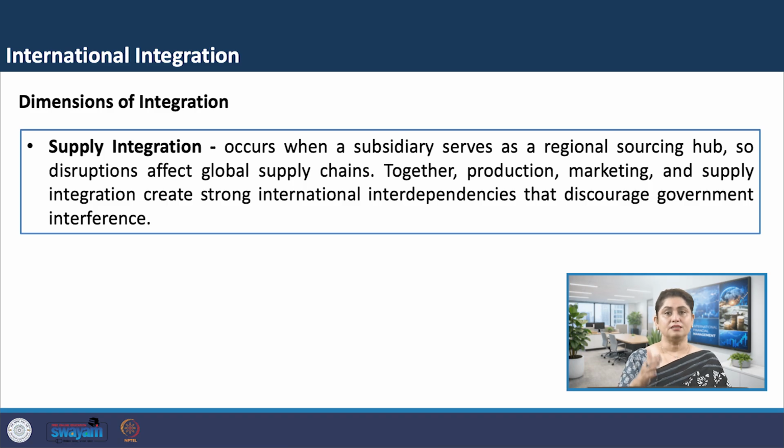That means disrupting supply chains that benefit other countries and other firms, thus creating multilateral economic pressure on the host government. The three dimensions, that is, production, marketing, and supply integration, work together to create a web of interdependencies between the subsidiary and the broader international economy.